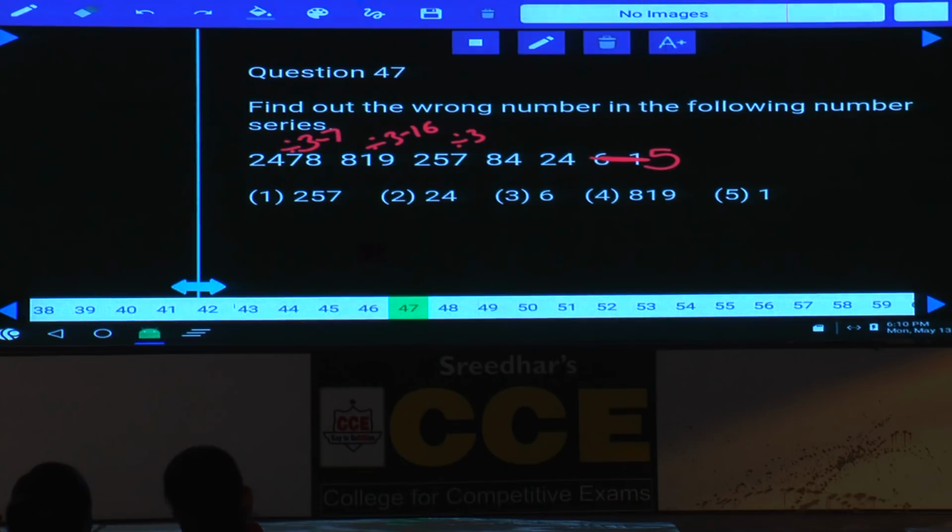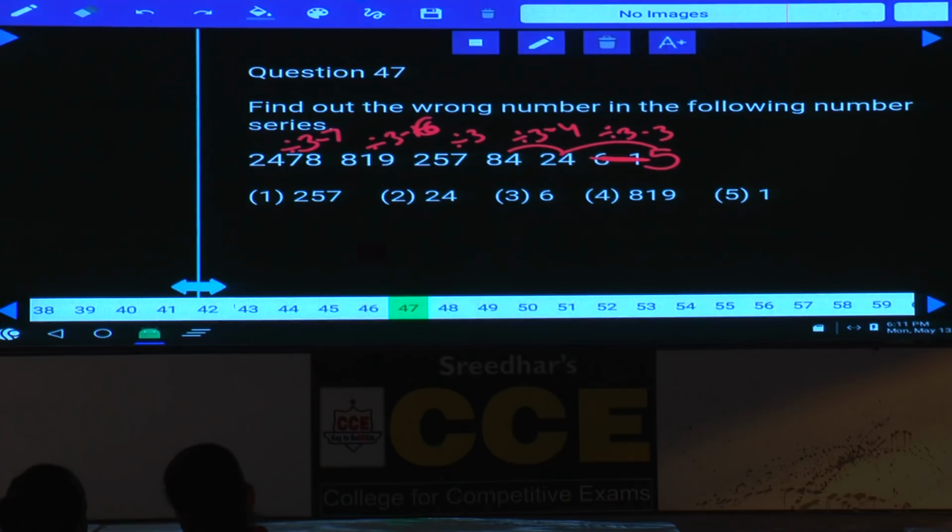84 and 24. 84 divided by how much? Divided by 3 is how much? 28. 28 minus 4. And next one, 24 and 5. 24 divided by 3, that is 8. And 8 minus 3. Divided by 3, minus 7; divided by 3, minus 6 should be here.